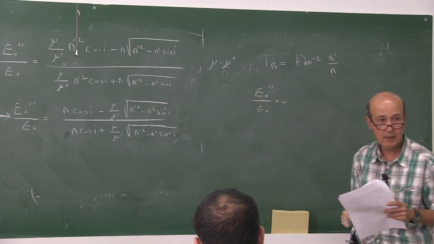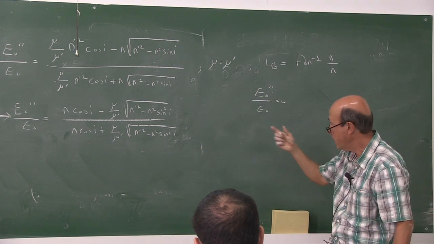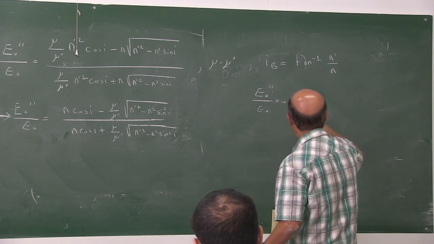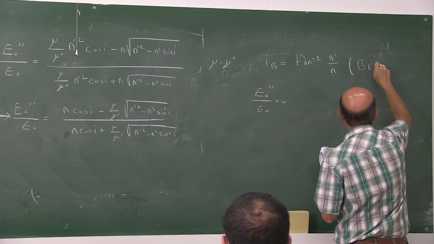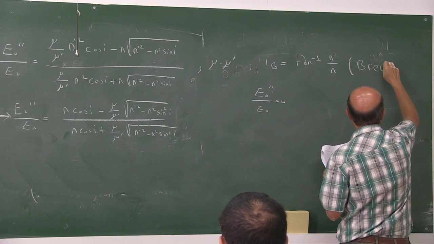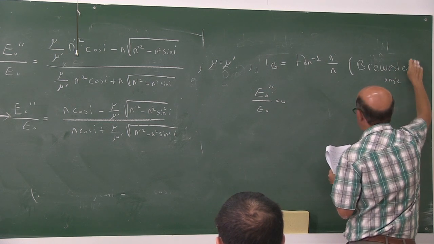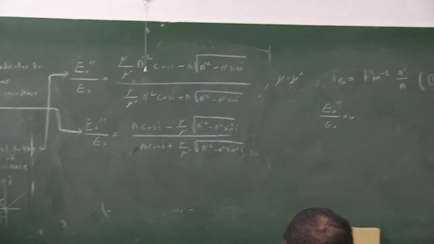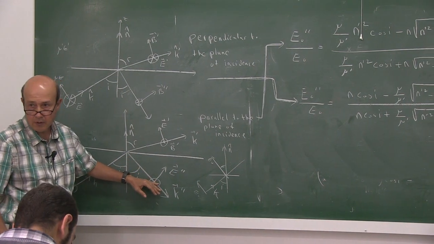What does it mean? So I can show this easily. You can show also. At a critical angle, which is called a Brewster angle, for a particular polarization mode, reflection goes to 0.